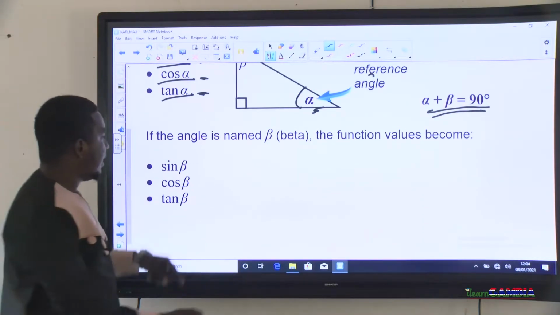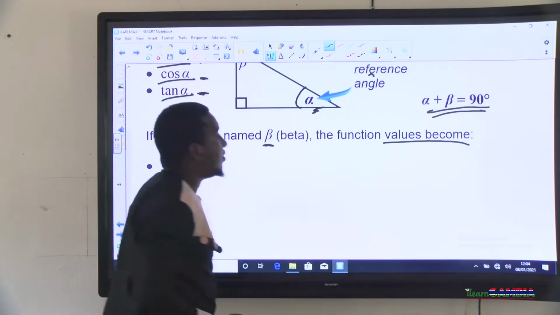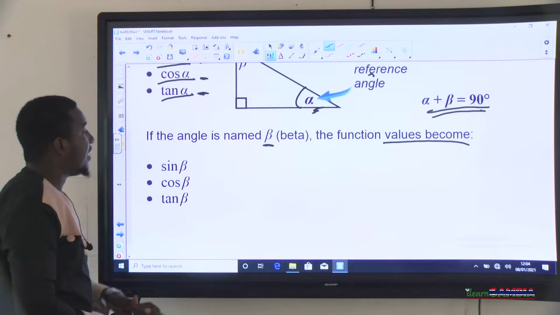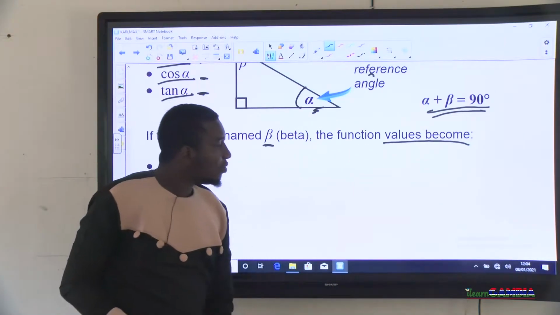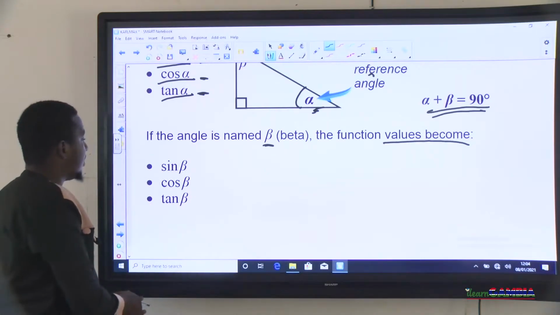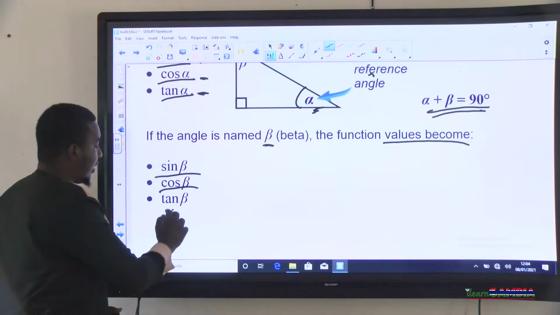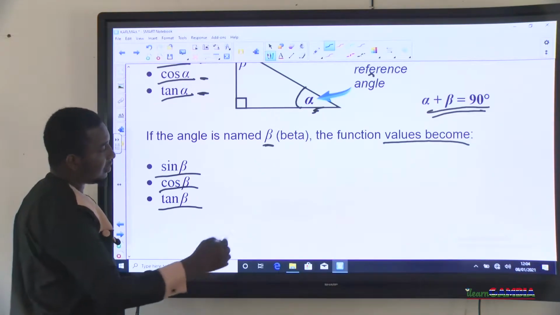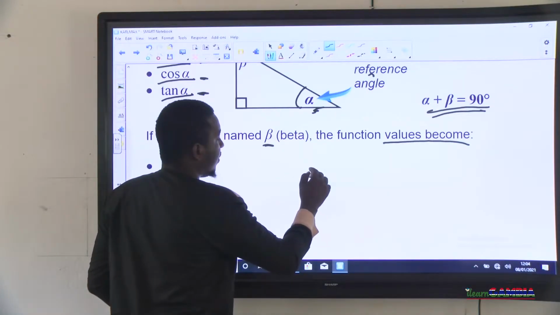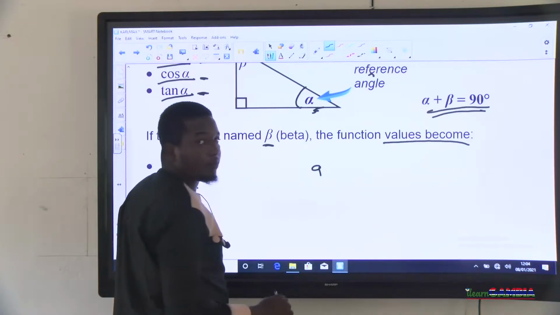Again, if the angle is named beta, the function values become sine beta, cos beta, and tan beta. How about if the angle is named, for instance, A?